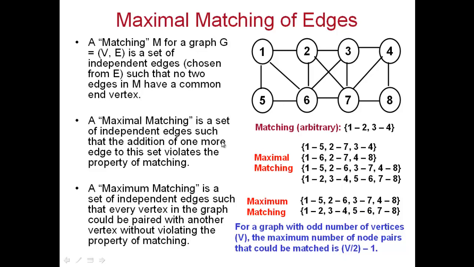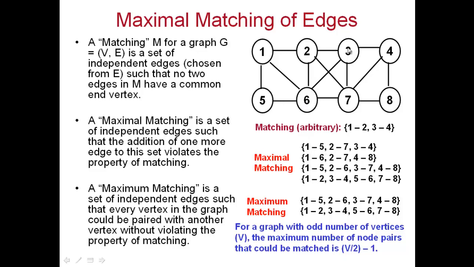Now, what is a maximal matching? A maximal matching is a set of edges such that if I add any more edge to that set, it will violate the property of matching. For example, this is a maximal matching because if I add any more edge to this set from this graph, say the edge 5, 6, 5 is already there.